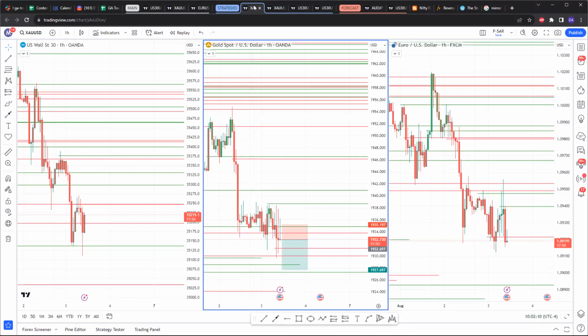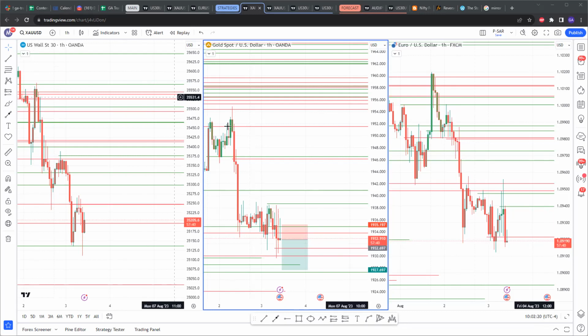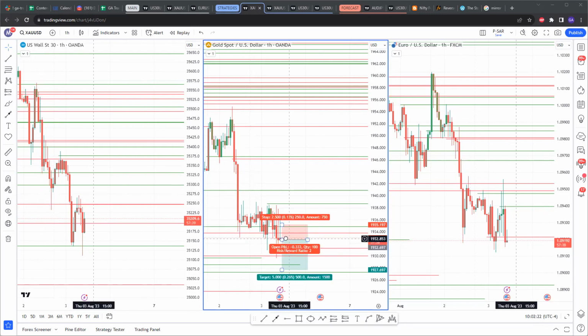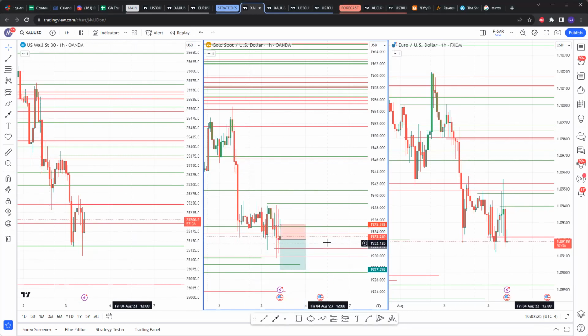So let me come back to this. Yes, so I am selling. I'm in the trade. Let me see if it picked up. Yes, it did. So this trade with a 0.5% risk. Keep in mind, this is scalping. You can either get wicked out quickly.